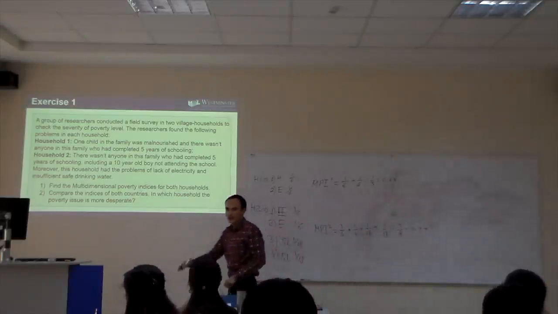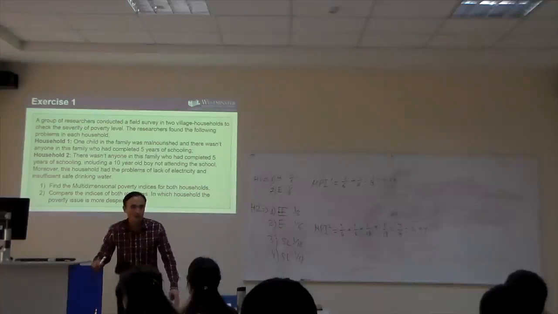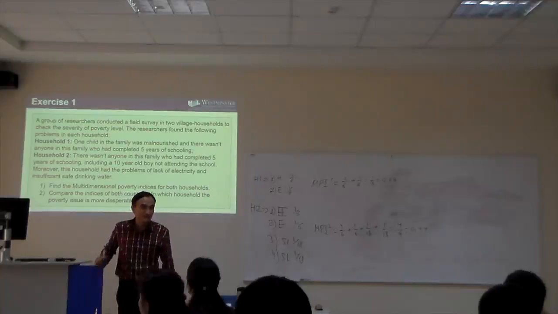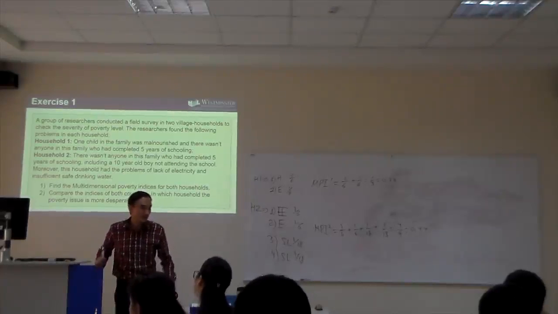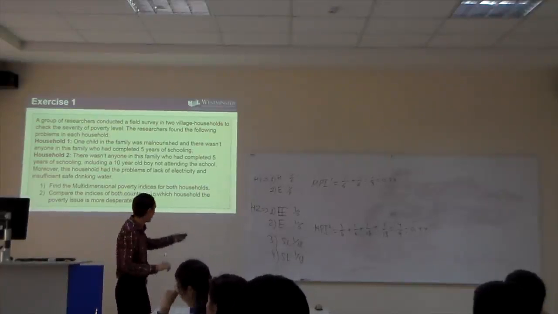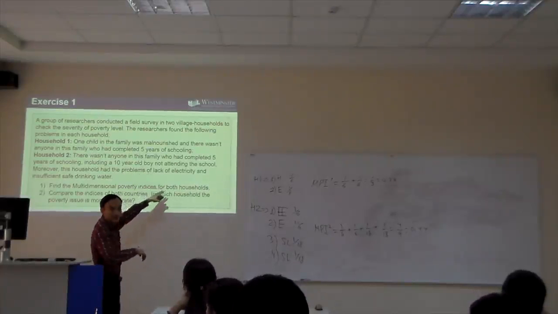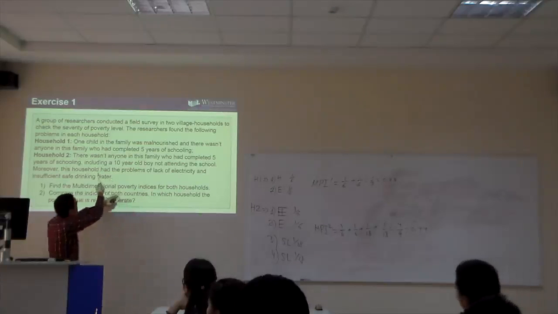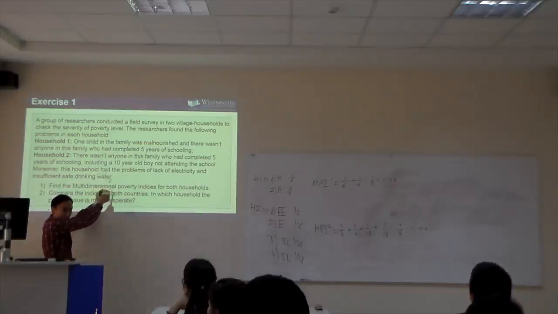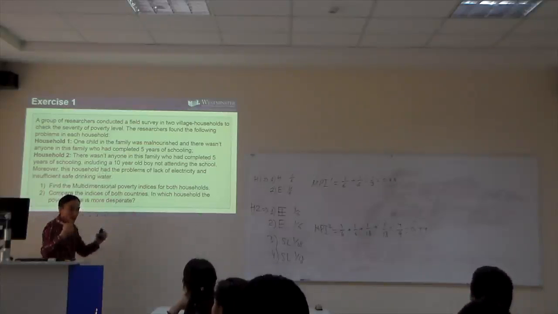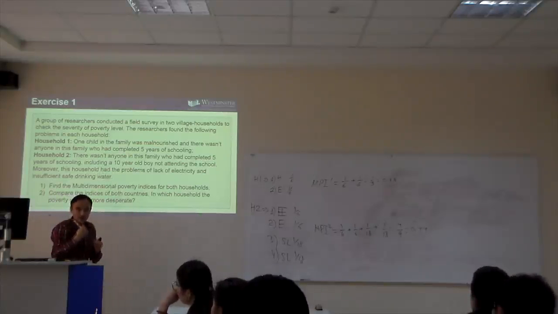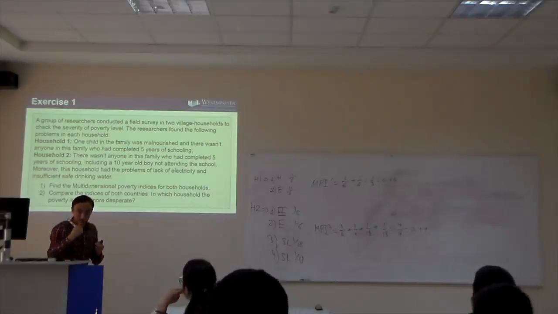Okay. So now ask yourself a question. What is the most important? Health, right? Now read it again. In household 1, there is one child who is malnourished, who doesn't have enough food to eat, therefore he is starving from that disease.